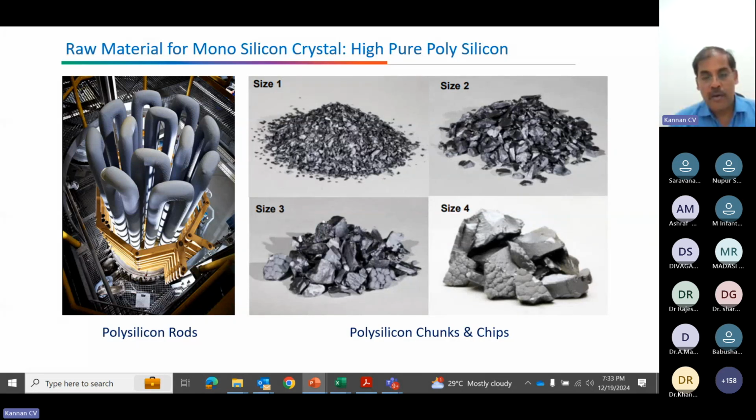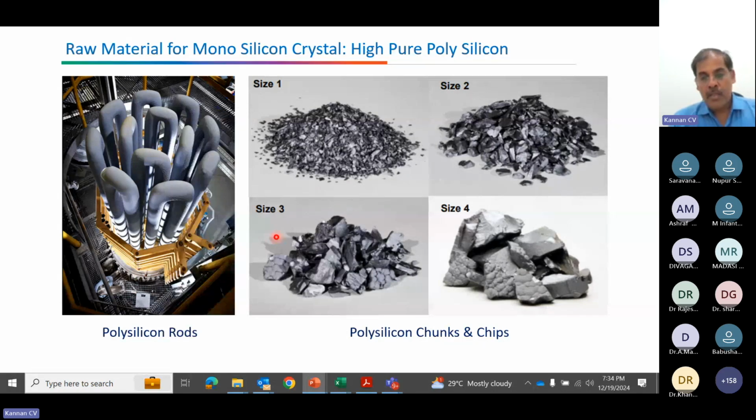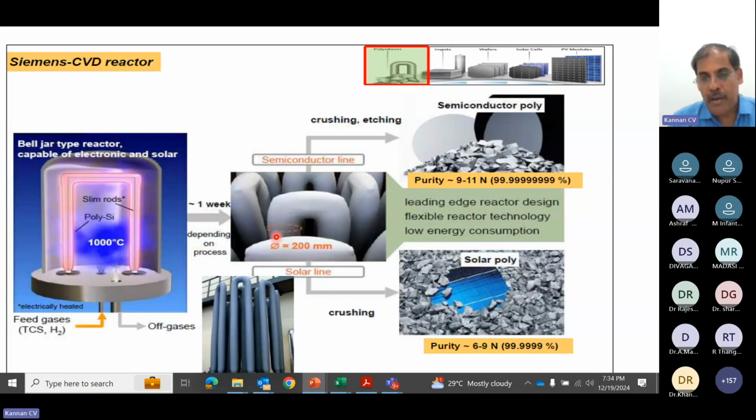So for that purpose, after making the polysilicon rods like this, you have to break them into different sizes so that you can pack the polysilicon into the crucible more efficiently, load more polysilicon material into the crucible, and grow bigger crystals. Normally we call these size 1, size 2, size 3, size 4, based on the different sizes.